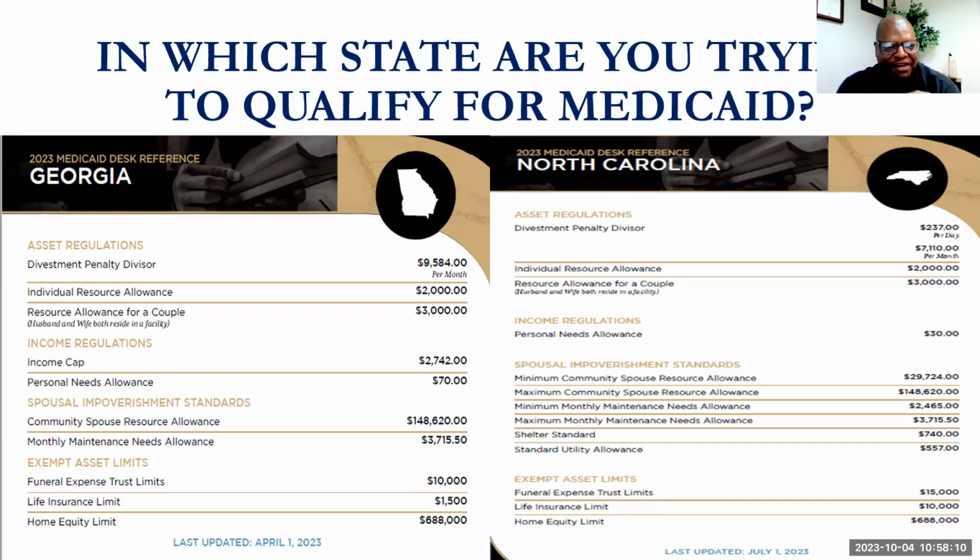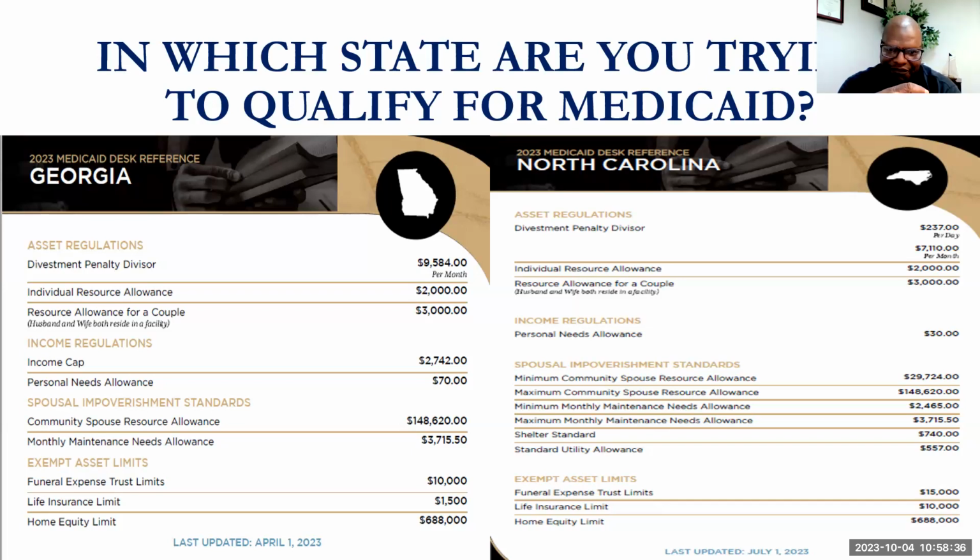Spousal and private standards. This person who's going in gets $2,000. The community spouse in Georgia gets to keep another $148,620. Now remember, this does not include your house, which is exempt, and does not include your car, which is exempt. Potentially, if the community spouse has an IRA, it will not include that.